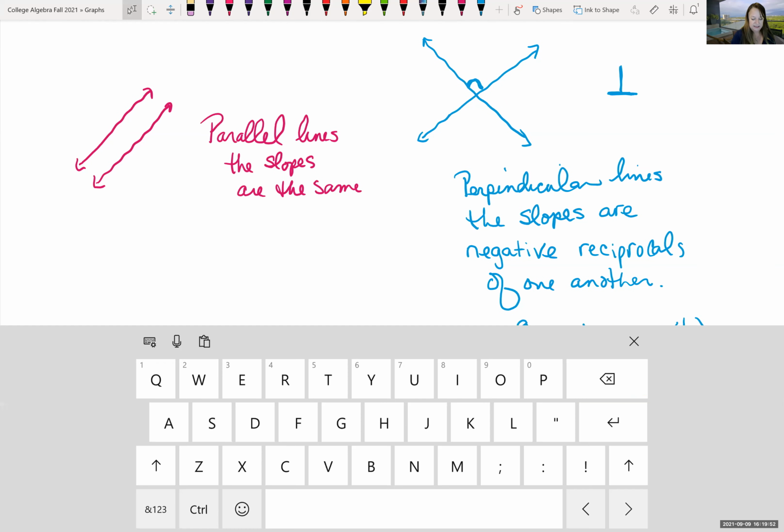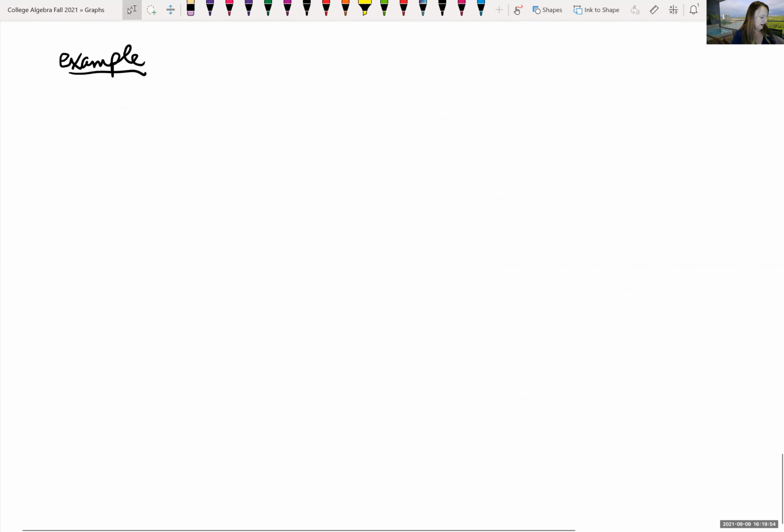Okay, so let's look at an example where we're given an equation of a line. Let's say you were given the line x minus 2y is equal to -5.